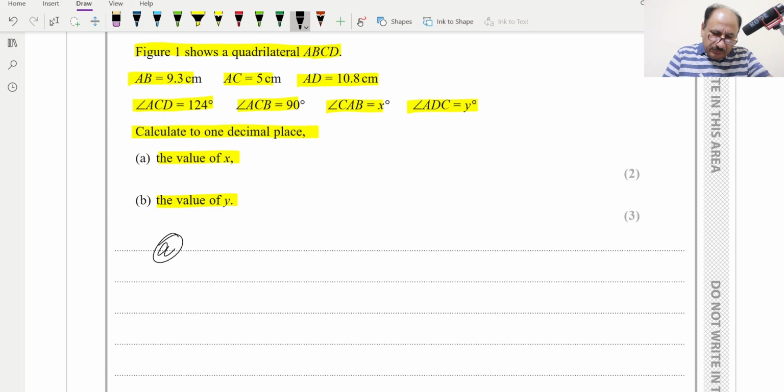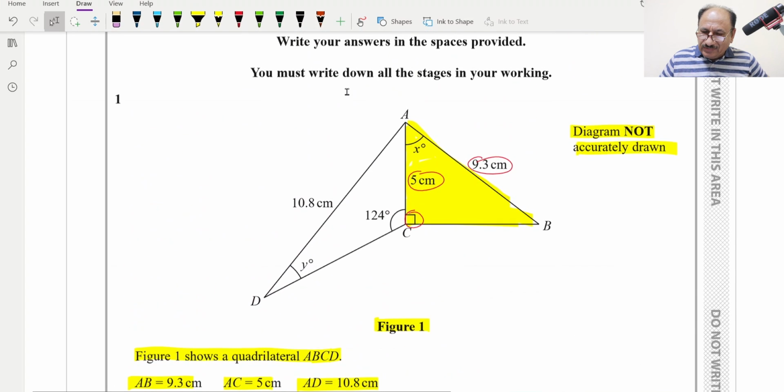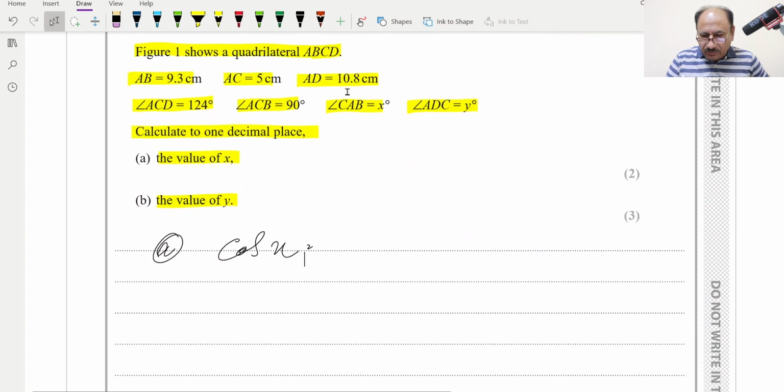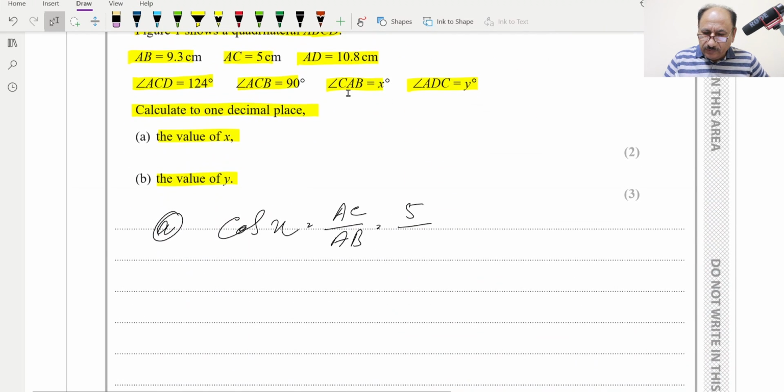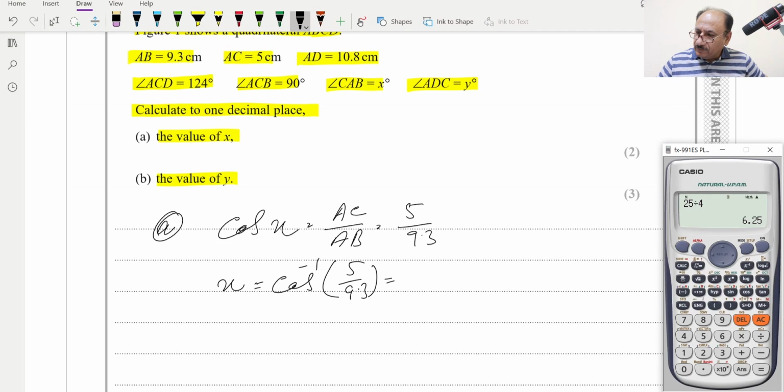So we will be solving part a. Cos x will be equal to adjacent over hypotenuse, which is AC over AB, which is equal to 5 over 9.3. So x will be equal to cos inverse of 5 over 9.3, and we can calculate this.